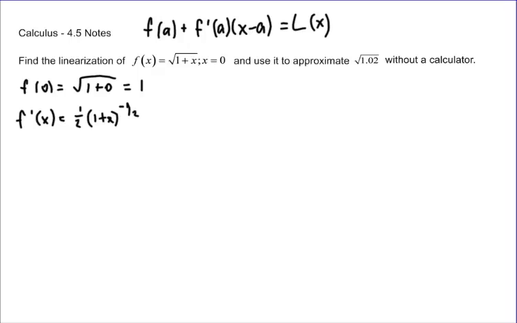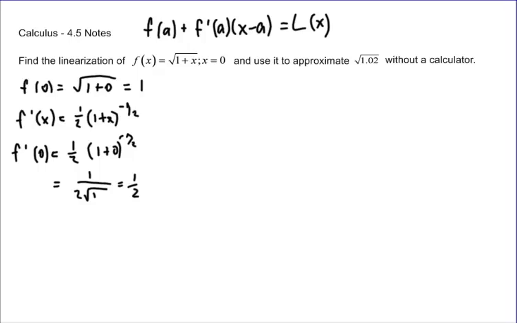That's our derivative, and we want the derivative at a, which is 1/2 times 1 plus 0 to the negative 1/2 power. Think about what this really is: 1 over 2 times the square root of 1, which is 1/2.